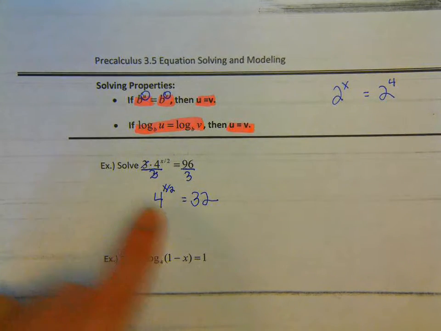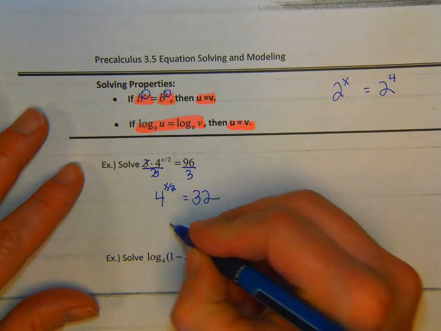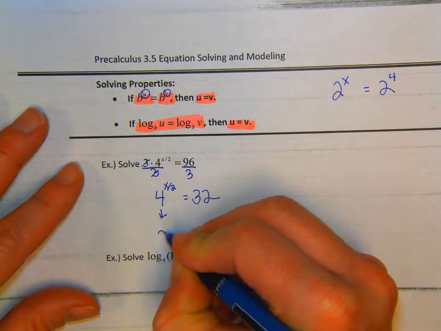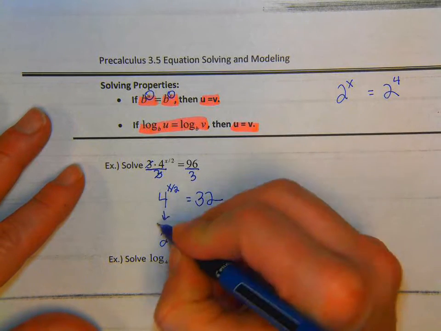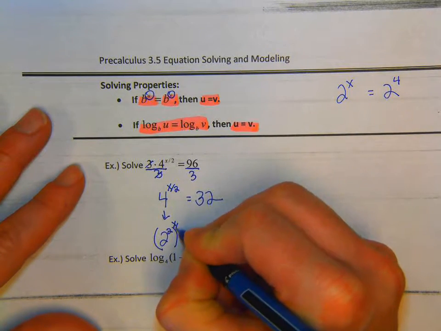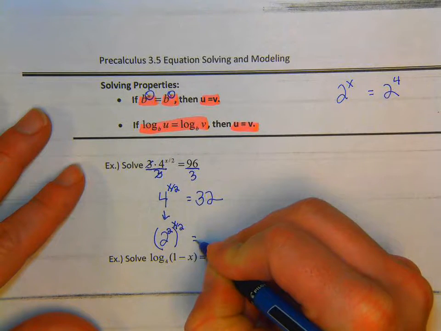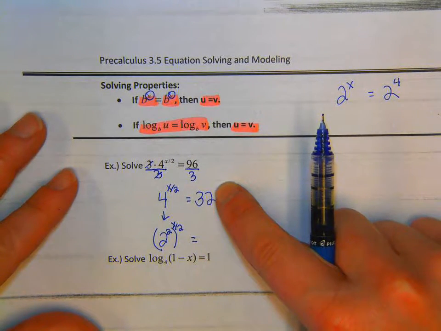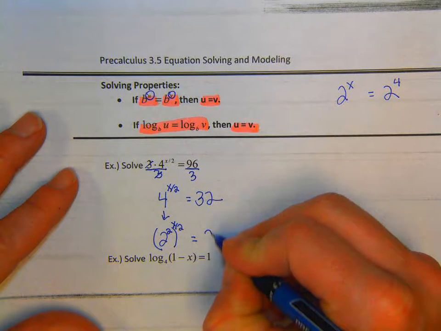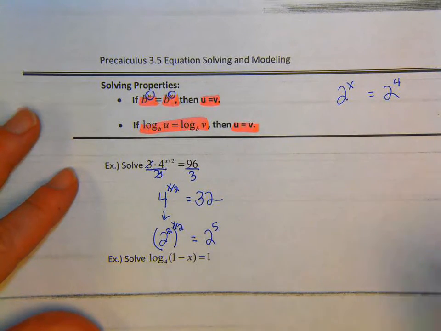I would rewrite it as 2 squared. So I have 2 squared, because that's the same as 4, to the x over 2 power. And how could I write 32 as a power of 2? 32 is 2 to the 5th.